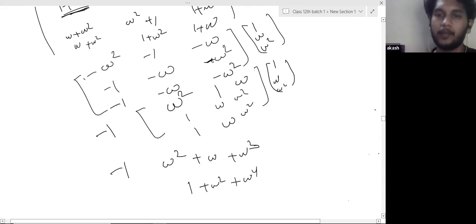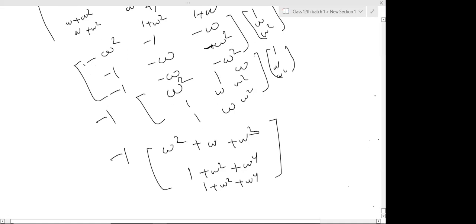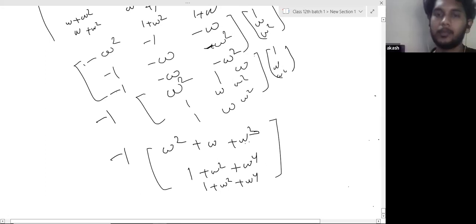And for this, we have 1 plus omega square plus omega raised to the power 4. All right, Shekani, this is clear. Yes, sir. Now, omega cube is 1. I told you omega cube is 1. So this is 1 plus omega square.